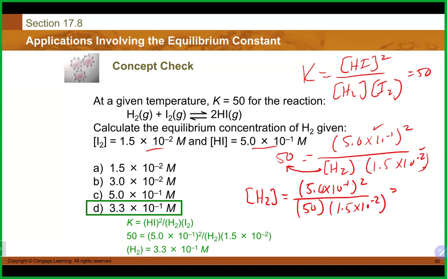If we put those values in and grab a calculator, I feel like one of these answers is wrong, so let me double check. 5 to the minus 1 squared divided by 50 divided by 1.5 to the minus 2 gives us 0.33. So that does look right, actually.